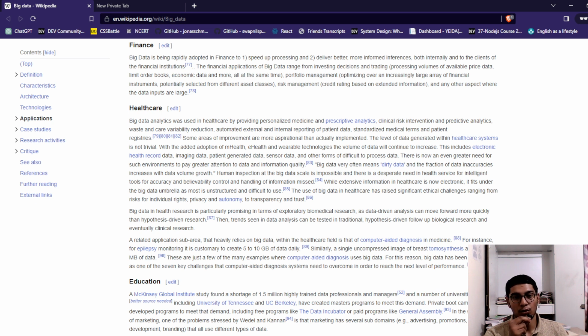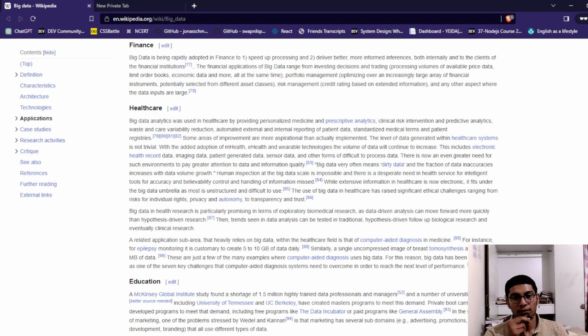Some areas of the improvement are more aspirational than actually implemented. The level of data generated in the healthcare system is not trivial. With added adoption of health wearable technology, the volume of data continues to increase. This includes electronic health record data, imaging data, patient generated data, sensor data, and other forms of difficult to process data. There is now an even greater need for such environments to pay greater attention to data and information quality.